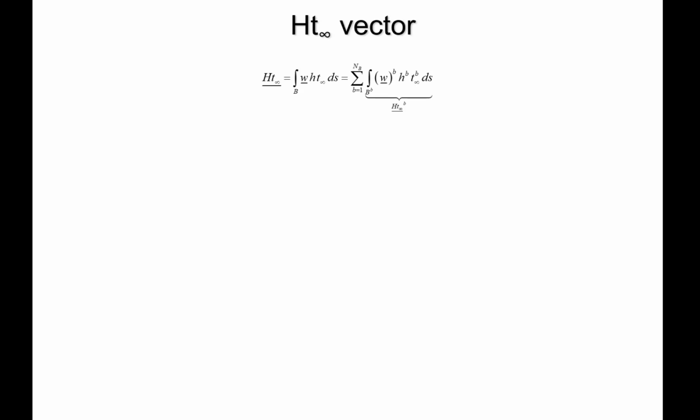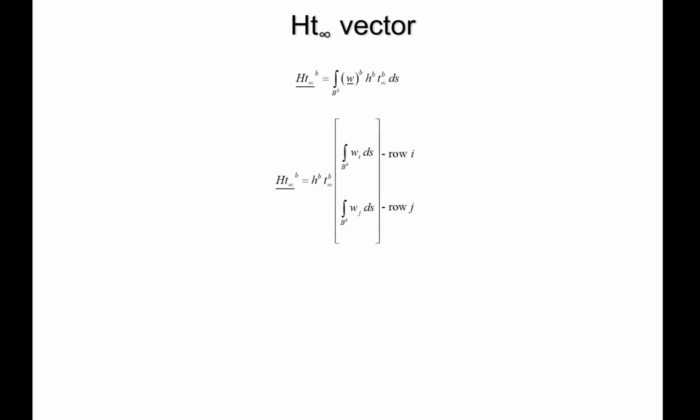The other one that's pretty easy is the h times T infinity vector. So this is the integral of w times h times T infinity along every boundary segment. So again, we're doing this boundary segment by boundary segment. We're going to make h and T infinity be constant along a boundary segment, so they can be pulled out again. So we're doing exactly the same integrals here in rows i and j, and these will of course each be a half, and this is the answer then.